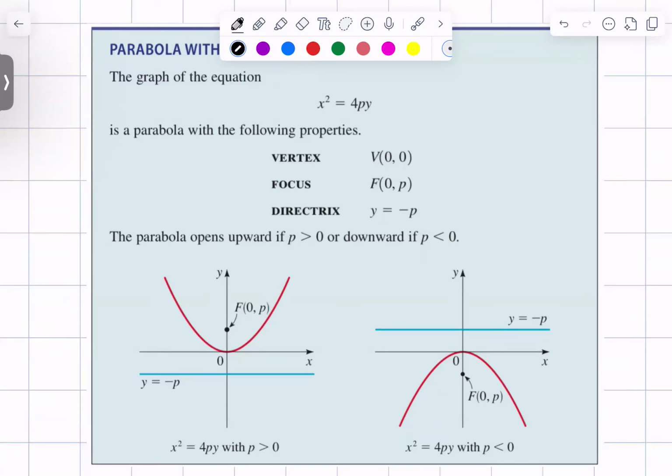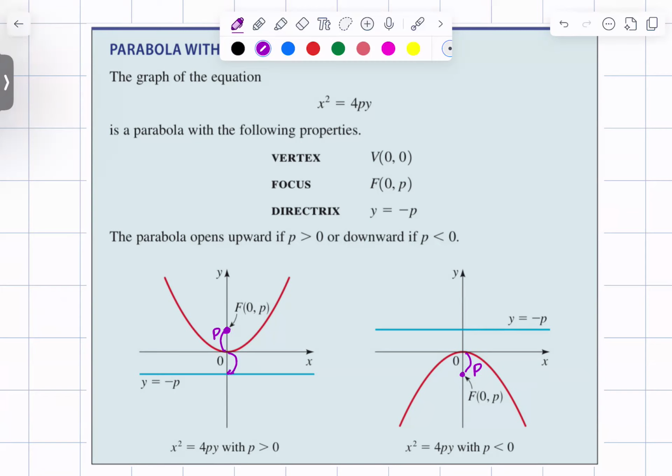So then the focus is always going to be 0, comma, whatever your p value is. And if your p value is down here, a negative p value, then it's right there. And then your directrix will be y equals, because your directrix will always be a horizontal line as opposed to a vertical line.